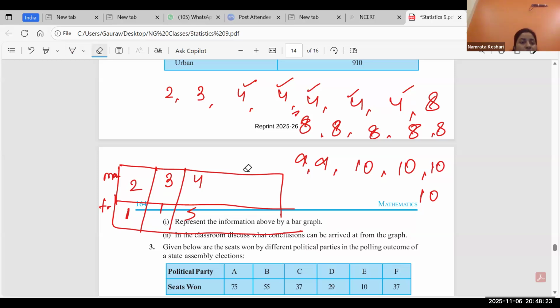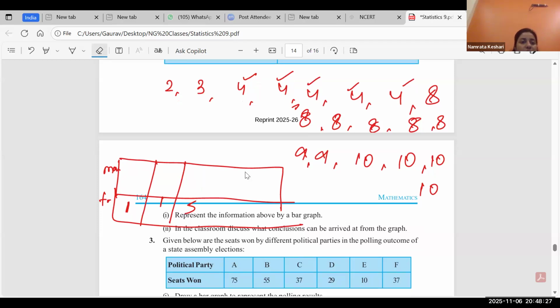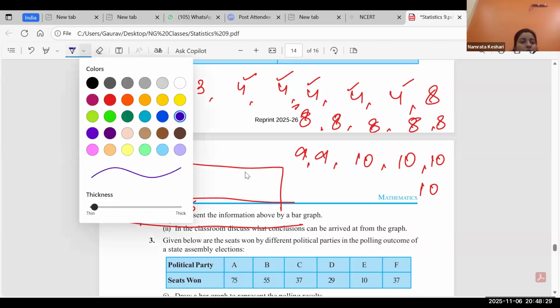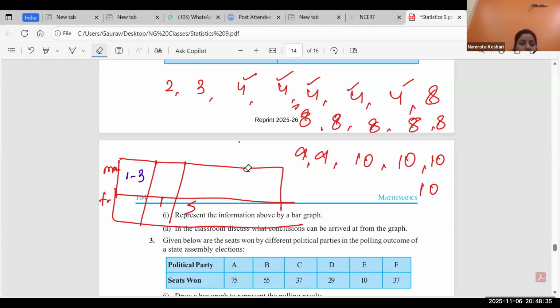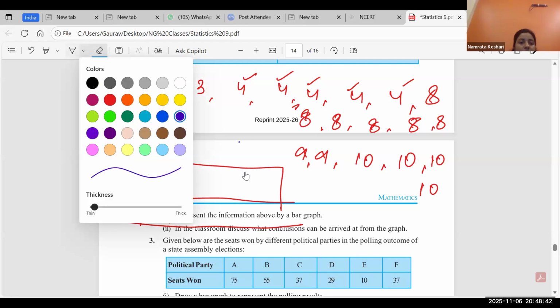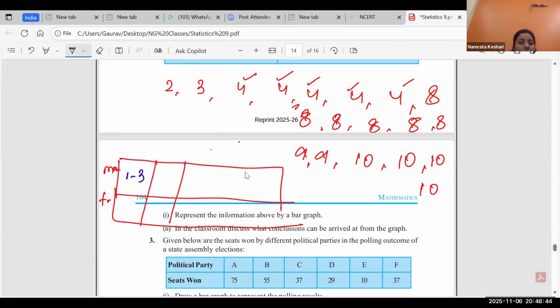If I make the group data, then you will end up getting confused about which data is repeating itself the maximum number of times. Suppose I write in between 1 to 3. In between 1 to 3 marks, how many students are there? Let me write it. One student.